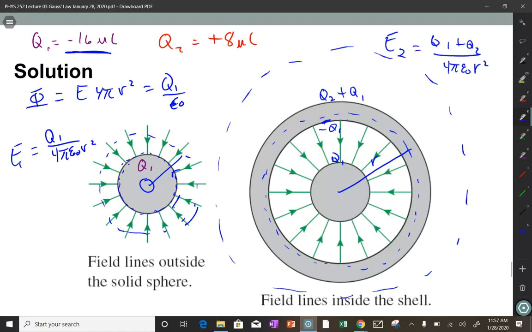You can see this is actually pretty quick. In this case, we found the electric fields and the charge on each surface, both by knowing how much total charge was on each object. So that's another good application of Gauss's law.